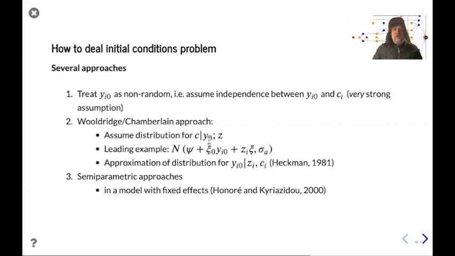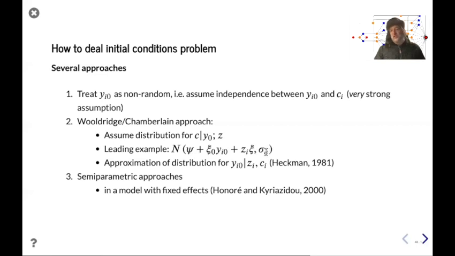But the idea here is that we're also conditioning on y0. Maybe we should also include that in the conditioning set in our correlated random effects model. So really, assuming, for example, that C conditional on y0 and Z, the initial condition and the strictly exogenous variables, is normally distributed with some specified functional form for the mean.